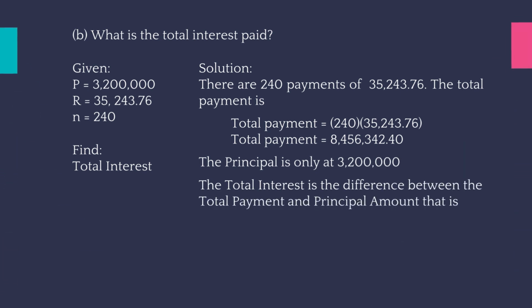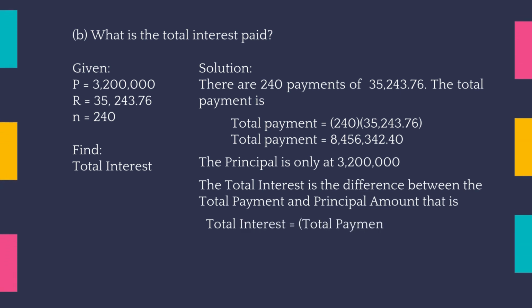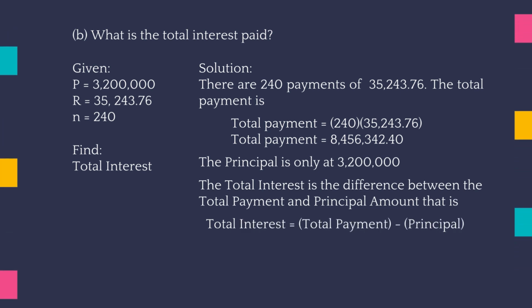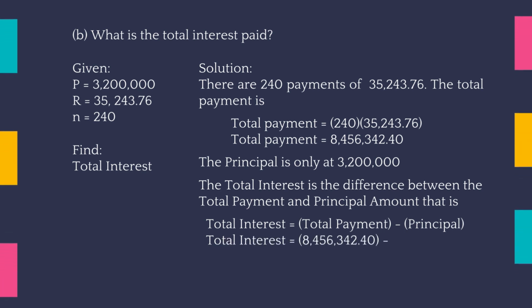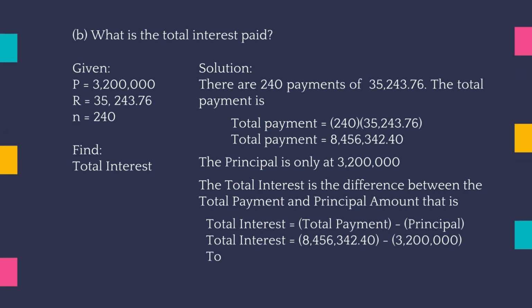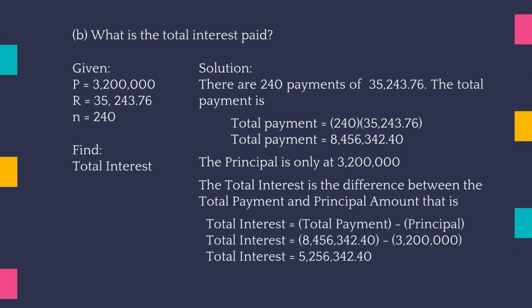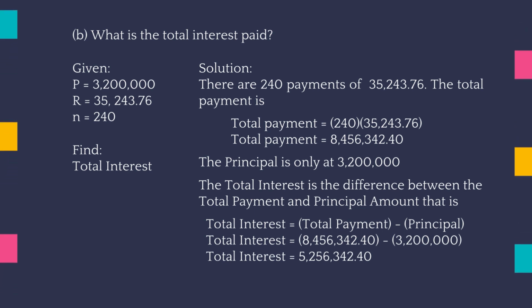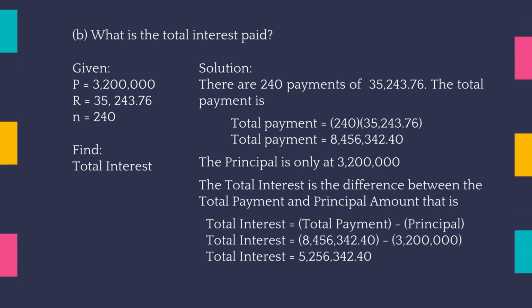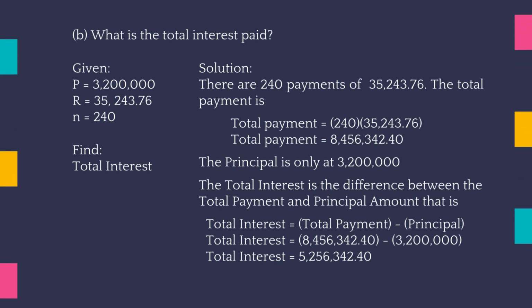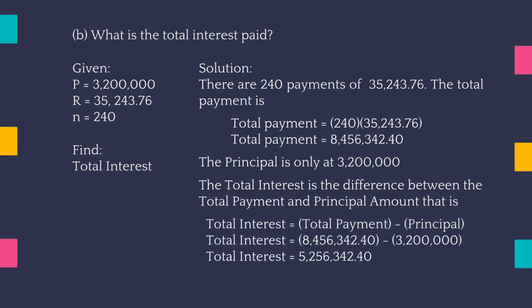So after calculating the total payment, we will proceed to total interest. The total interest is the difference between the total payment, which is 8,456,342.40, and the principal amount, which is 3,200,000. So 8,456,342.40 minus 3,200,000 is equal to 5,256,342.40.